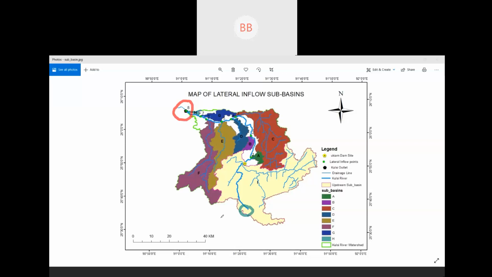Now if we need to calculate the slope at this location, whatever slope we have calculated here was from the beginning and the end of the river. If we want to find the slope here, we are going to take two sections. One definitely is here, and one we should take upstream.